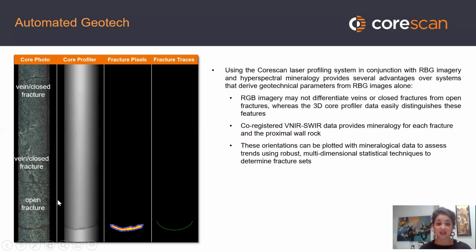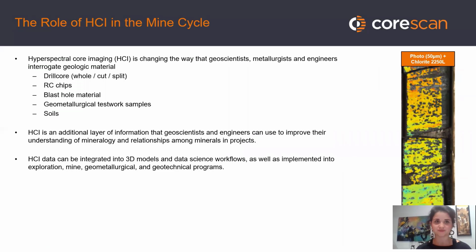In addition, because we have the co-registered mineralogy, you can also say, well, what actually is in that fracture? So it's all very interesting. And again, come see us at the booth. We would love to talk to you more about this.